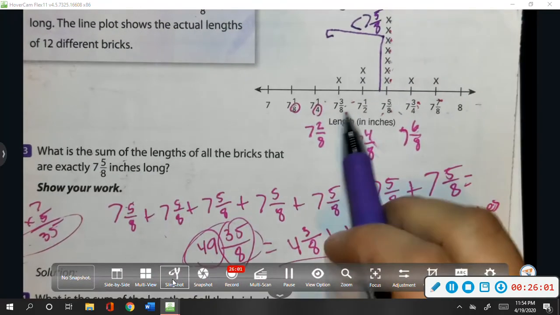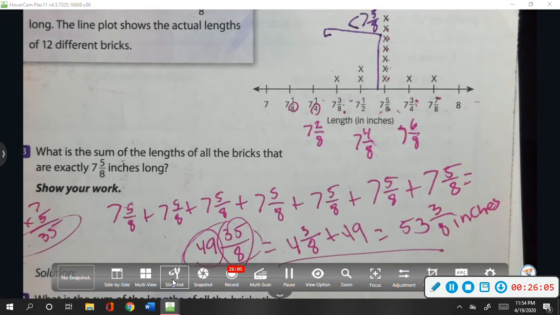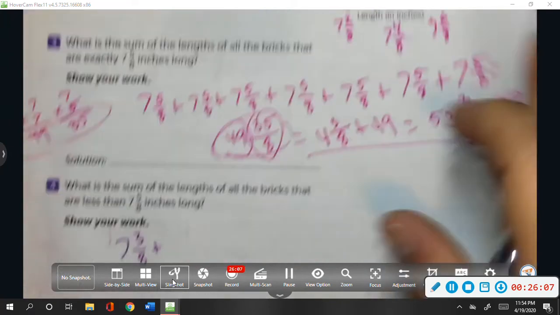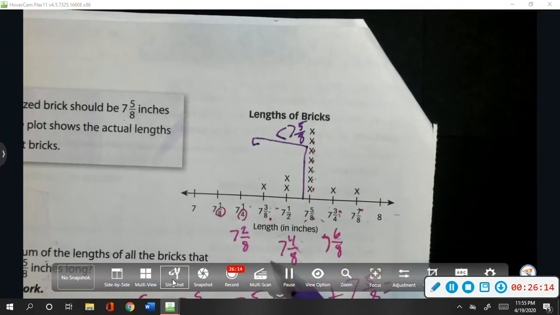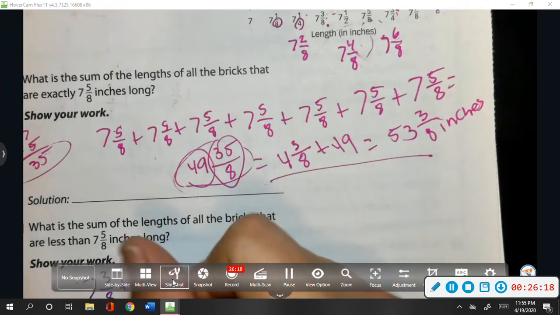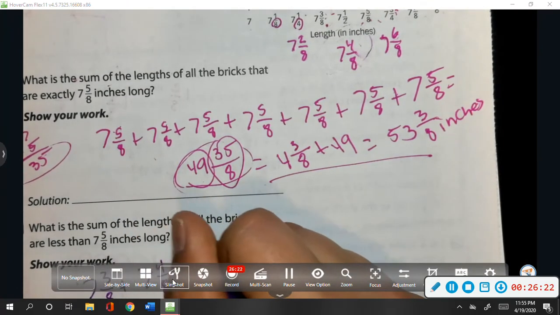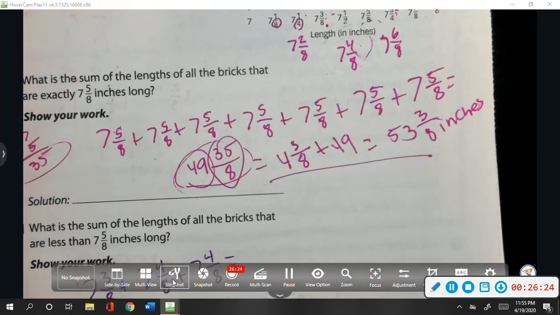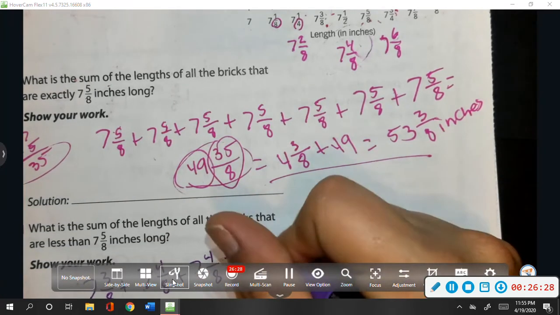We had 1 brick that was 7 3/8. I'm just adding it down here. And then we had 2 bricks that were at 7 1/2, and 7 1/2 we said was equivalent to 7 4/8. So 7 4/8 plus 7 4/8. 7 plus 7 plus 7 is going to be 21.